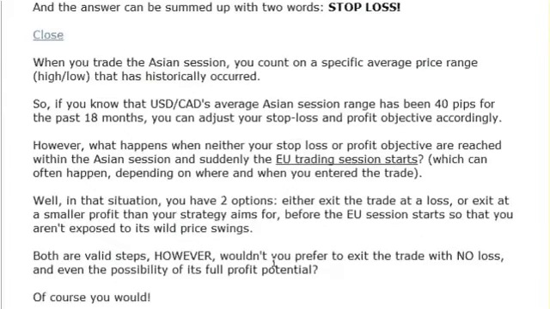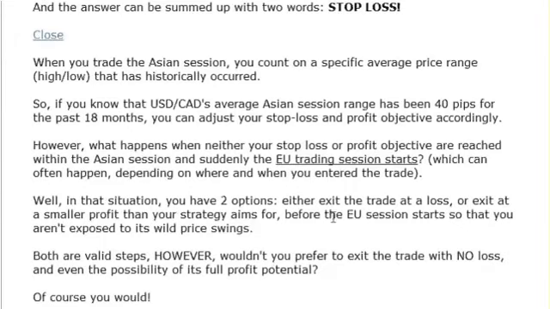So you entered the Asian session with your trade and a predetermined risk, a predetermined stop loss, a predetermined profit objective, and then suddenly, bam, you're exposed to the European session. Now the game is very different because of the very different type of volatility in the European session.